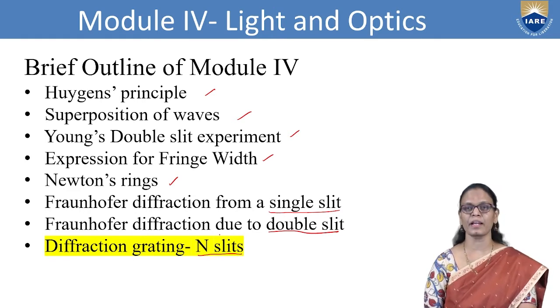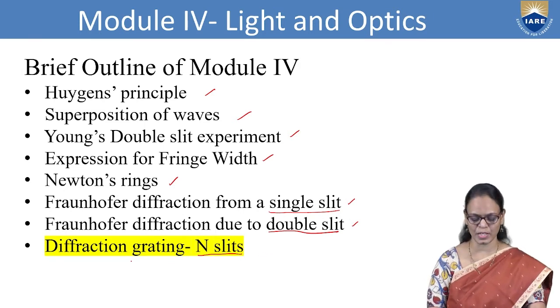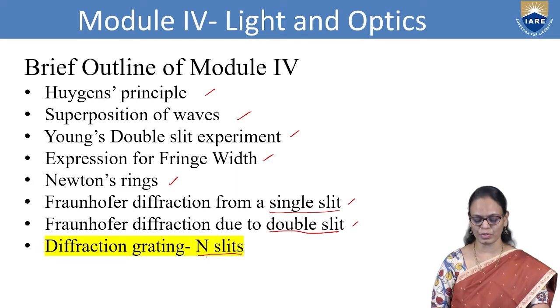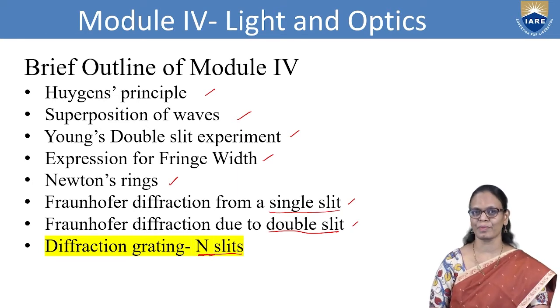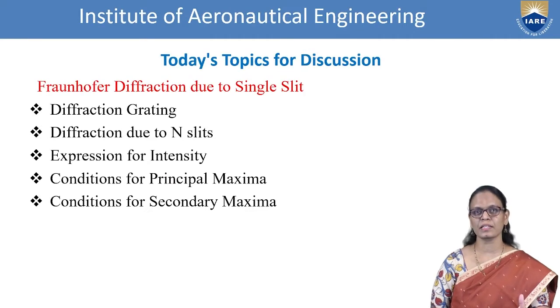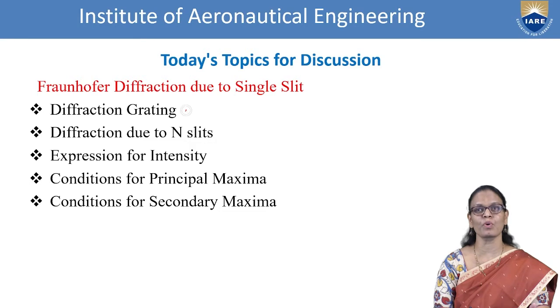So to understand diffraction grating, it is very important to quickly recall what we have seen in single slit and double slit. So using a diffraction grating, which is nothing but diffraction due to n slits, we are going to observe the phenomena. Now how we are going to discuss today's topic is, first we'll understand what a diffraction grating is.